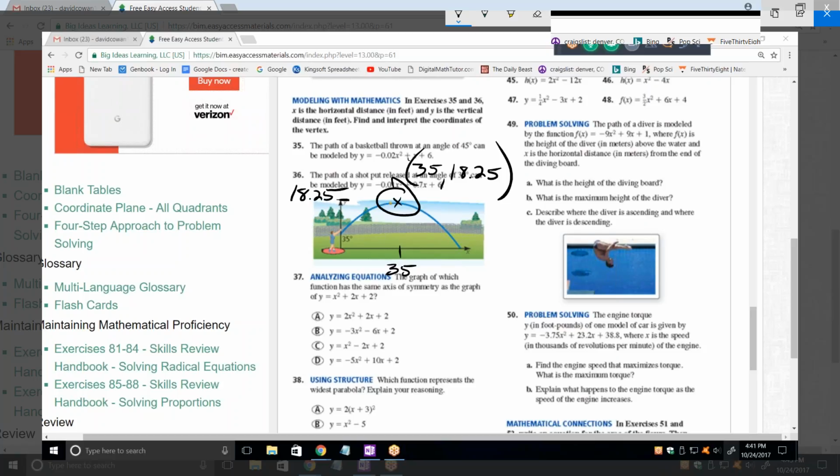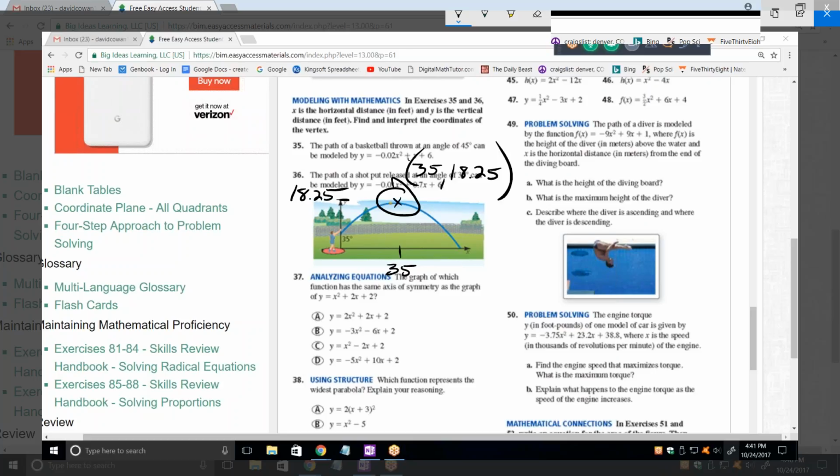What have I said to you? What x value is that shot put at the highest point possible? At 35. Okay, and what is that highest point? 18.25 feet. There you go. This is one of the reasons they spend so much time teaching you how to find the vertex.